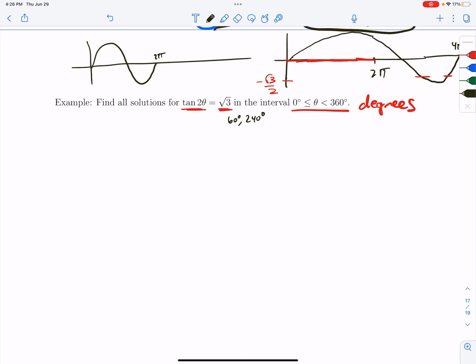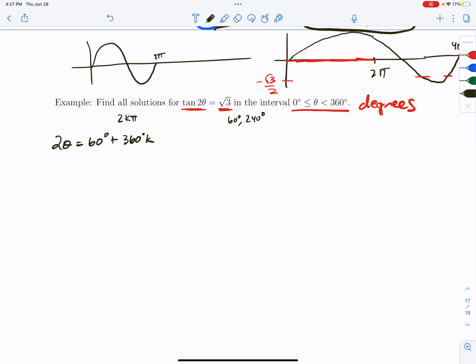Okay, so we will say 2 theta is equal to 60 degrees plus, now in this instance, instead of 2k pi, which is a full time around the circle, 2 pi in radians, I'm going to do 360 degrees times k. One time around the circle in degrees is 360.